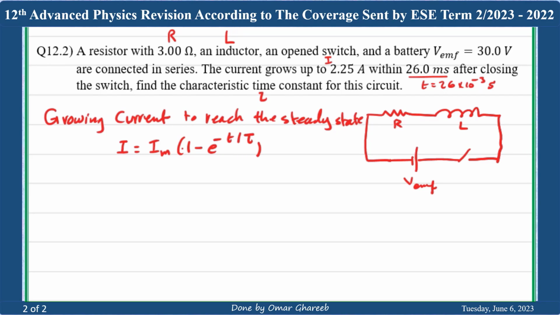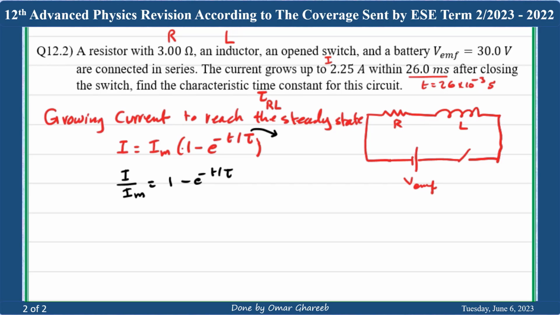So I need to find tau for the RL circuit. Then the missing item is this tau. To find it, let us extract from this equation. Divide by I maximum. I divided by I maximum becomes 1 minus e to the minus t over tau.